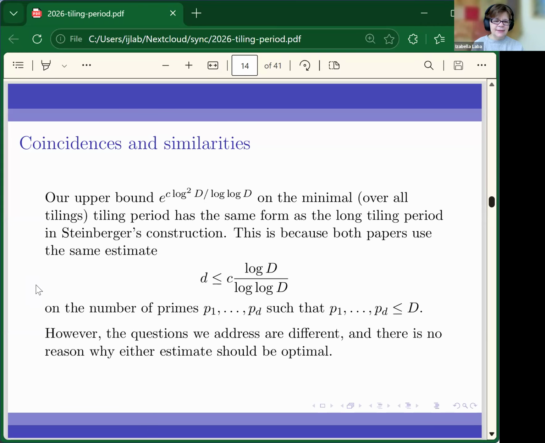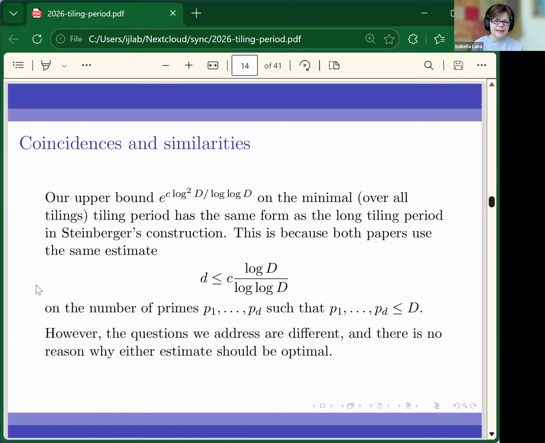The reason why we get the same expression is that we use the same estimate on the number of primes less than a given number. And that's why we get bounds that look similar.